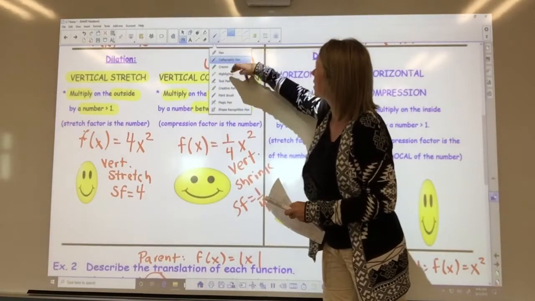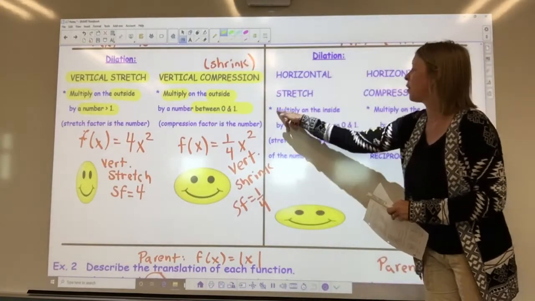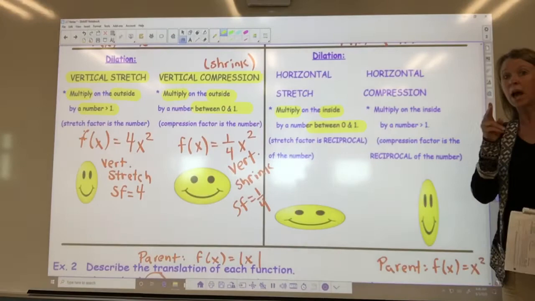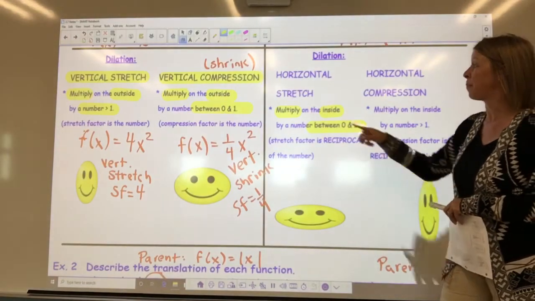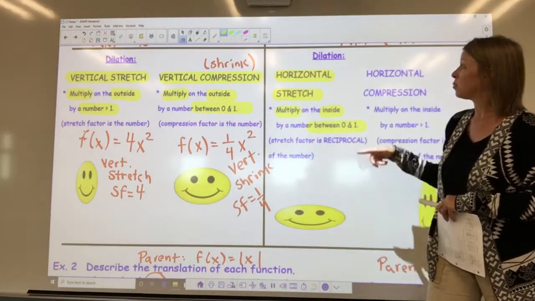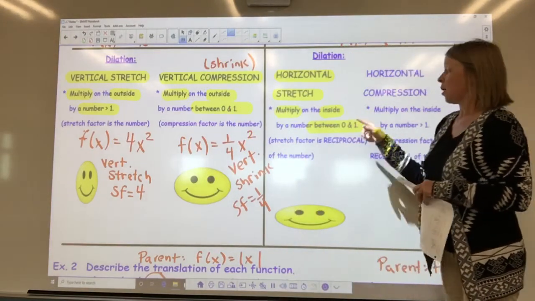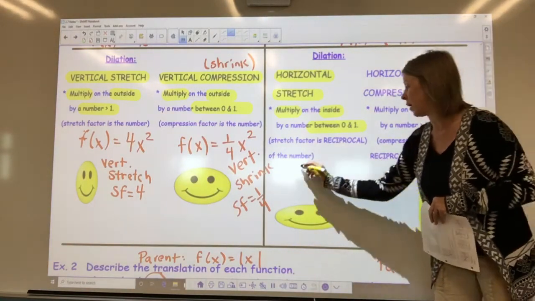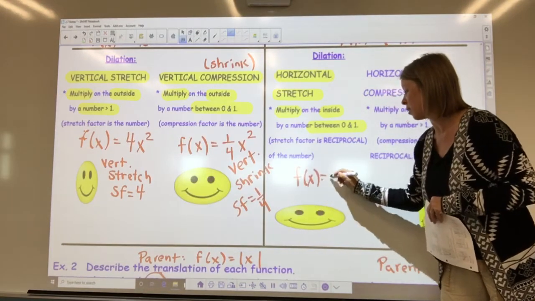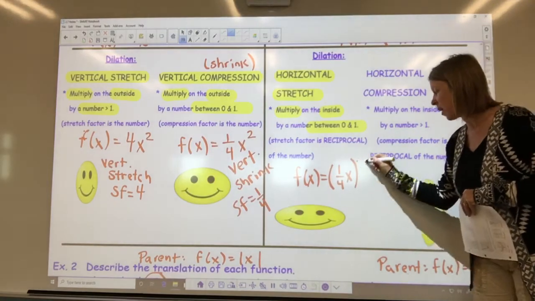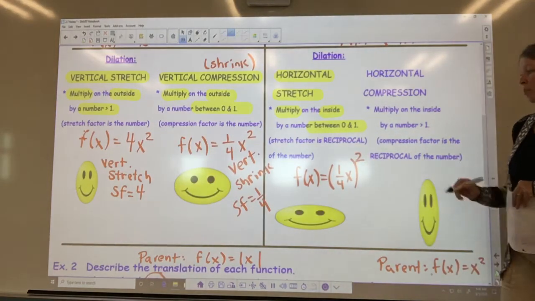Things get a little crazy when you come over here and now you're multiplying on the inside. Okay? This is the opposite of what you would expect to happen. When you multiply on the inside by a fraction between 0 and 1, I'll have you write this down as your example. So now I'm going to go inside the parentheses with the x here and put the 1/4.